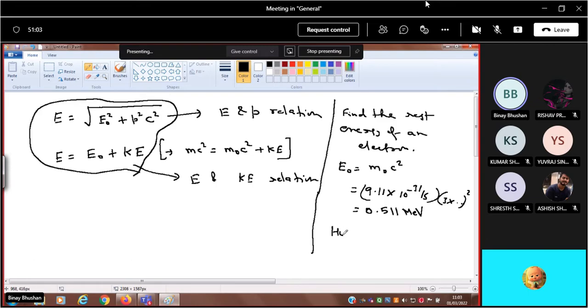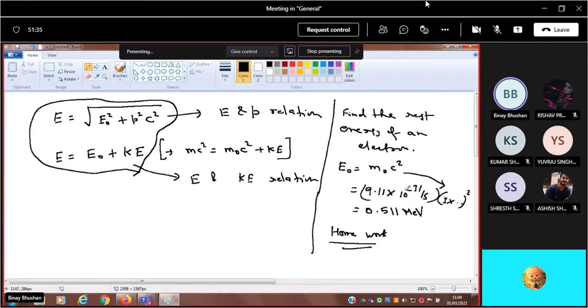I am writing this homework. How to get this? Put the value of c here. Whatever you get will be in joule, and then we will convert joule into electron volt. Can you do it, Yuvraj? Yes, sir. So 27.33 into 10 to the power minus 81 joule.